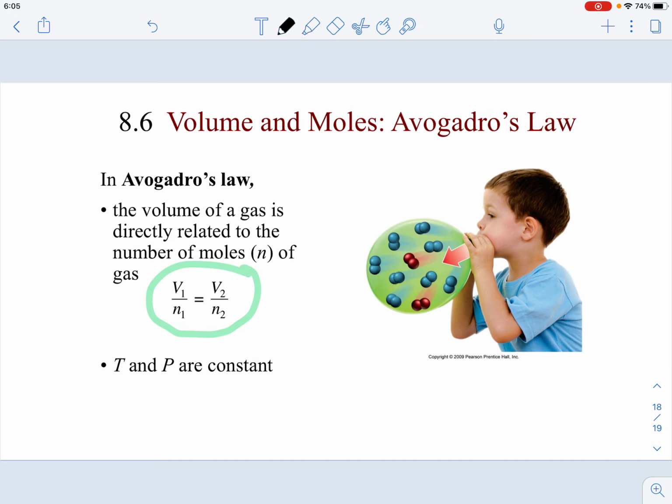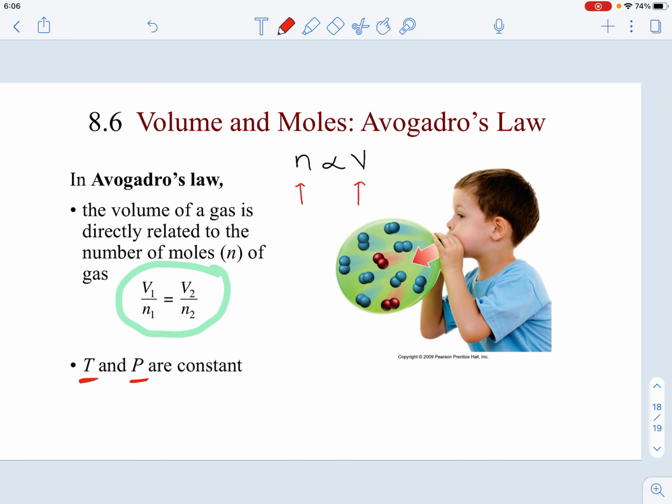That means that N, which is the number of moles, is proportional to volume. So when this happens, understand that as one increases, the other one also increases, okay? They're directly proportional to one another. Remember that for Avogadro's Law to be true, we are going to have temperature and pressure constant.